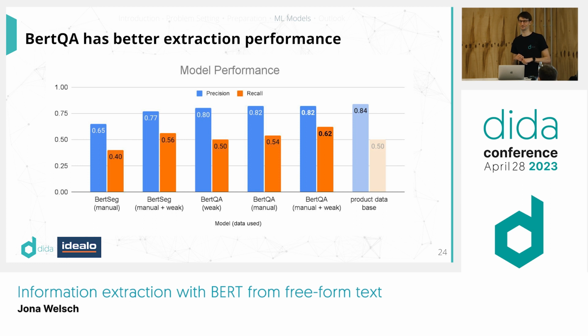A good first proxy is always, if I, as a human, look at this text and it's immediately obvious to me which is the right answer, then it's probably also easier for the model to learn than if I need to think a lot about this before I get to the right answer. So a lot of variables here.